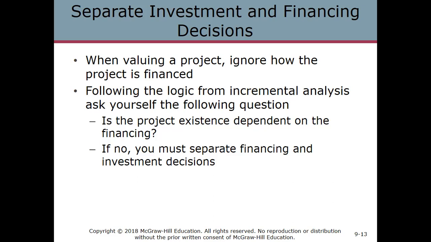Following the logic from incremental analysis, ask yourself the following question: is the project's existence dependent on the financing? If it is a yes, then we are not going to separate it from financing because it is dependent. In other words, it exists because of the financing.